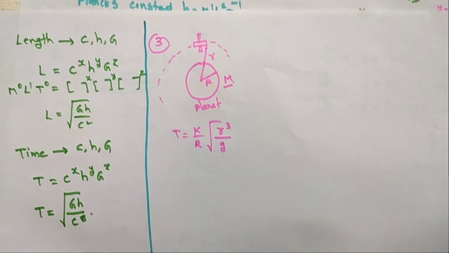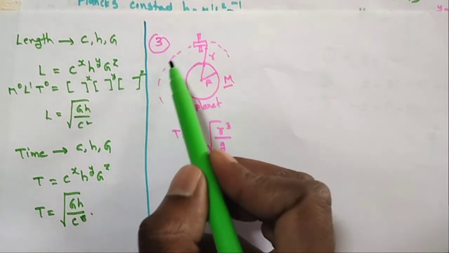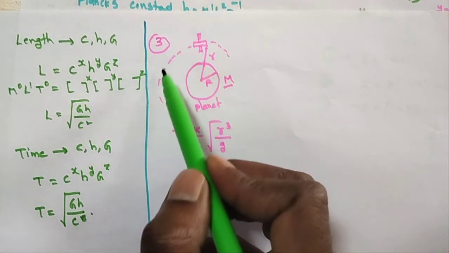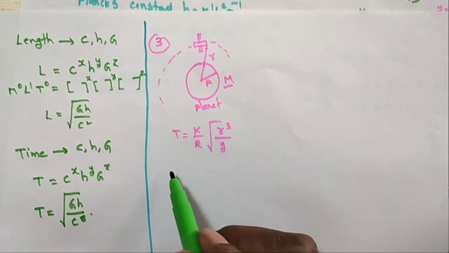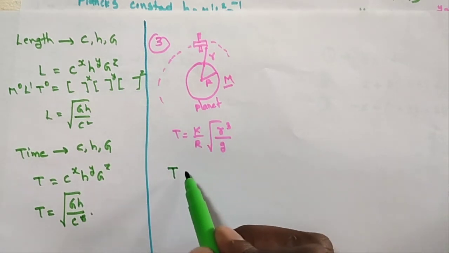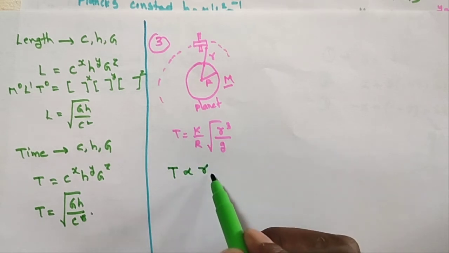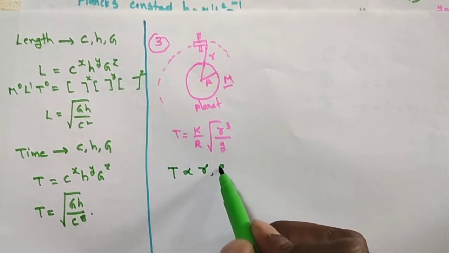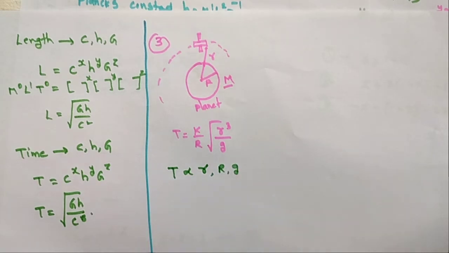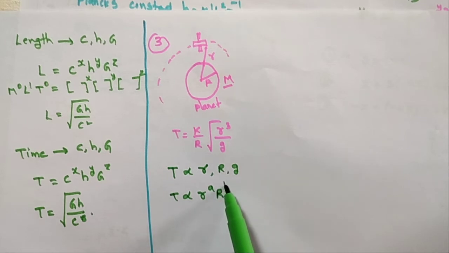Here I am taking the time period t of a satellite. The satellite is revolving around the planet. The time period t depends on r, capital R and g. So by the general method, t is proportional to r power a, capital R power b and g power c.